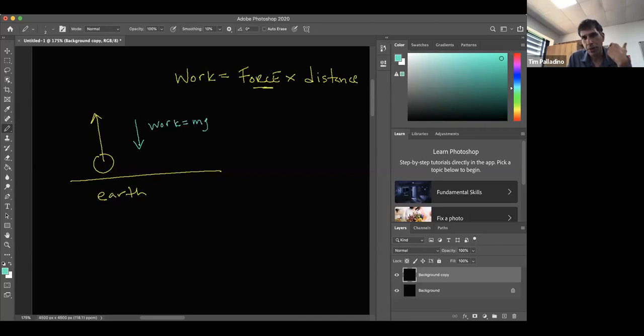For this problem in the previous physics class, the work, which we write as a capital W, is the force, which is mg, times the displacement or distance: work equals mgd. So this is the work done against gravity in this case.